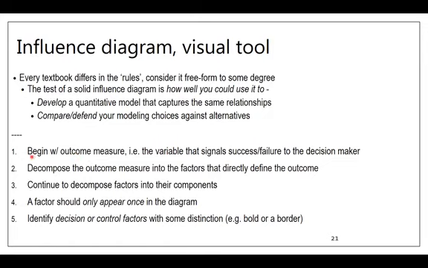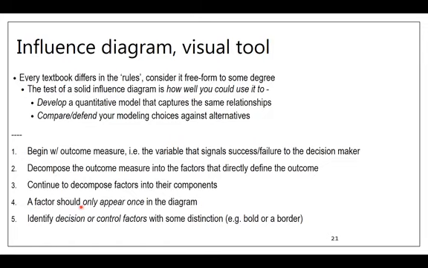The structure, the loose 5 steps here, begin with the outcome measure. That's the signal of success or failure for the decision maker. Decompose it into factors that directly define that final outcome. Continue that decomposition; you're looking for components that can't be broken down further. One rule that is fairly common: a factor should only appear once.